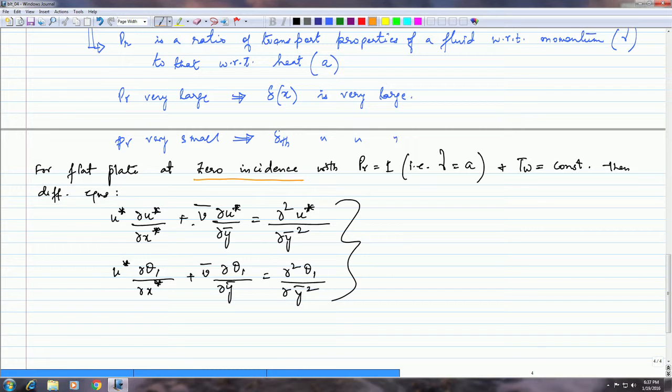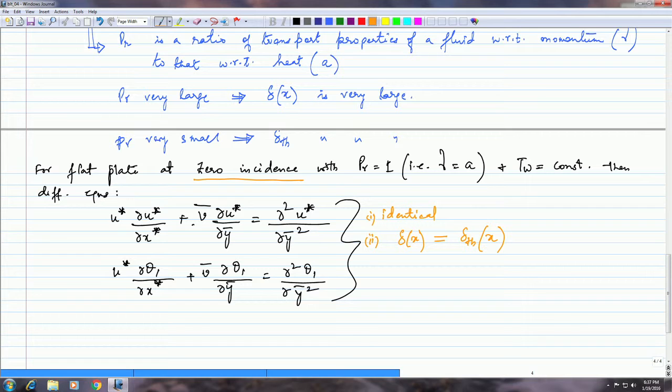And here, basically, as you can see, they're actually identical, right? They're actually identical, and in this case, the differential equations are identical, and secondly, in this case, delta, that is the velocity and thermal boundary layers, the layer thicknesses are the same.